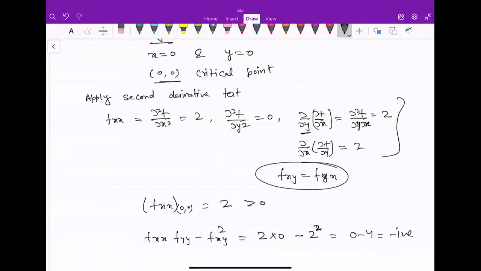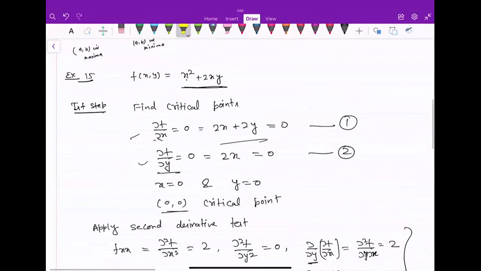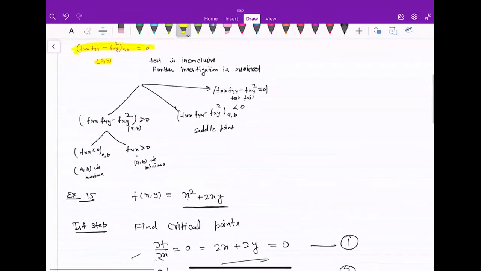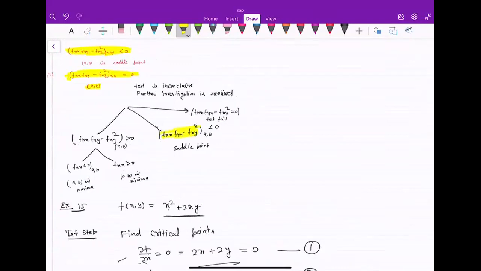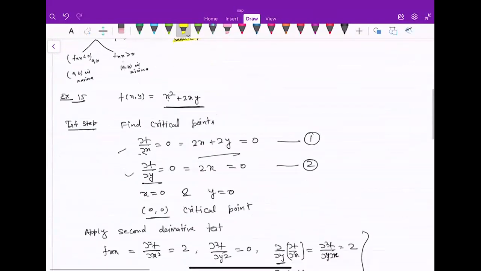If the value of fxx fyy minus fxy square is less than 0, that means the point is a saddle point.